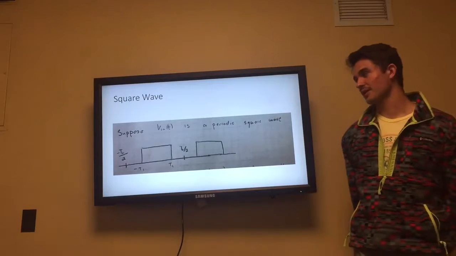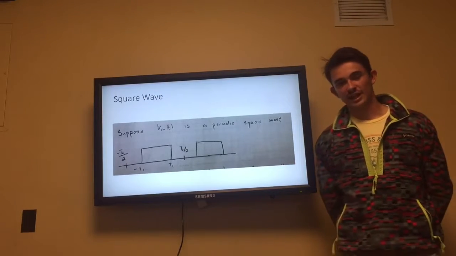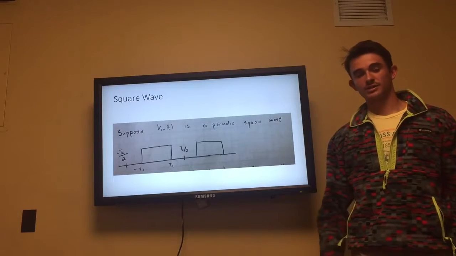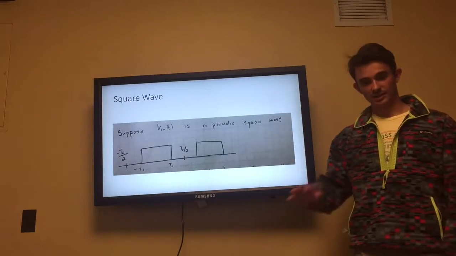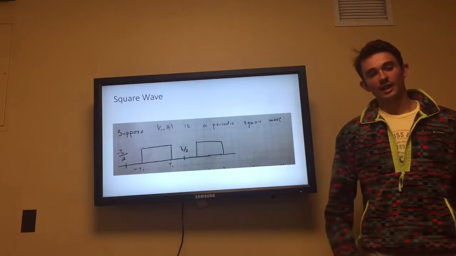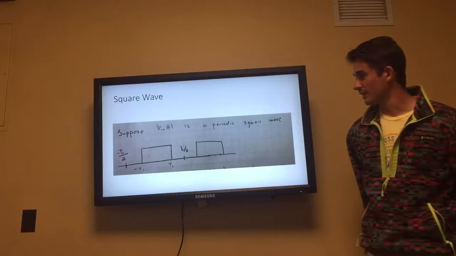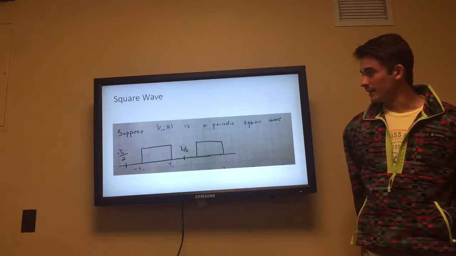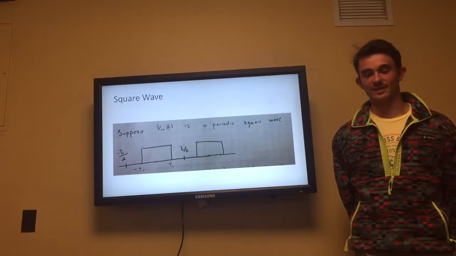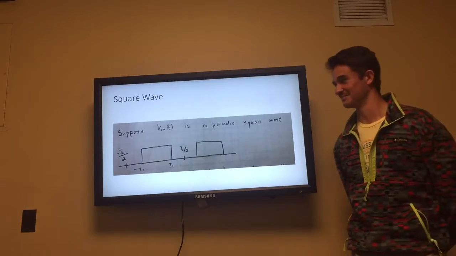But it's not a perfect square wave at v out of t. It's called the Gibbs phenomenon, and what you'll see is small oscillations and small overshoot when it changes. The periodic square wave coming out is due to the Fourier series.